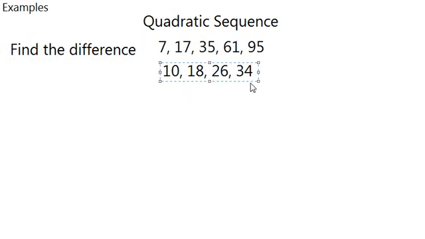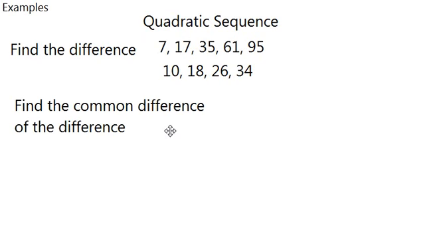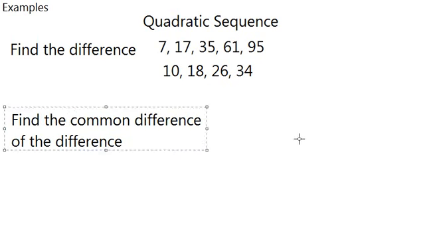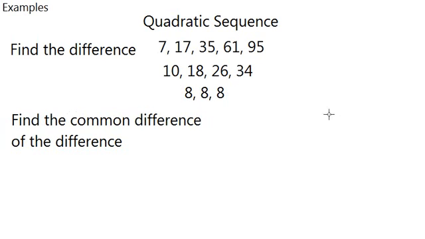So the first step is to find the difference of all the terms, and I tell you that is 10, 18, 26 and 34. Then the second step is to find the common difference of those differences. This is a bit tongue twisting, but we can find that actually it is 8, 8, 8, so positive 8 is the second difference.